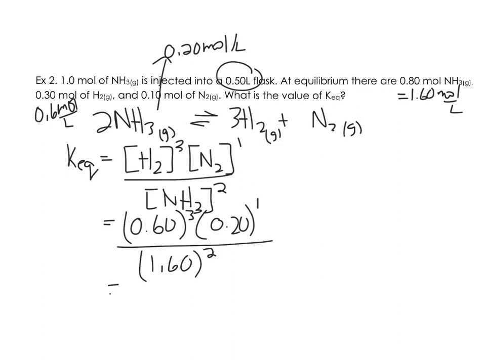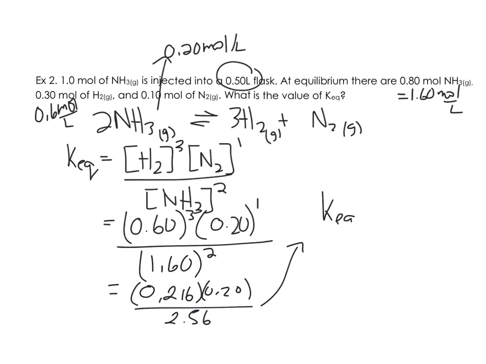So this is equal to 0.216 times 0.2 divided by 2.56. So our equilibrium constant is equal to 0.017. No units required.